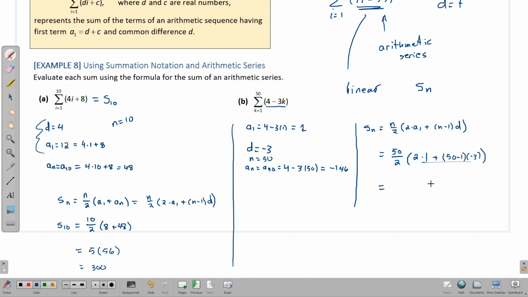So you can go straight to the formula, but the math inside is a little messier. This is going to be 25 times 2 plus 49 times negative 3. And then if you want, you can go straight to the calculator on that. I believe that's going to be 25 times negative 145, which comes out to negative 3,625. So that would represent the sum of all those 50 terms.